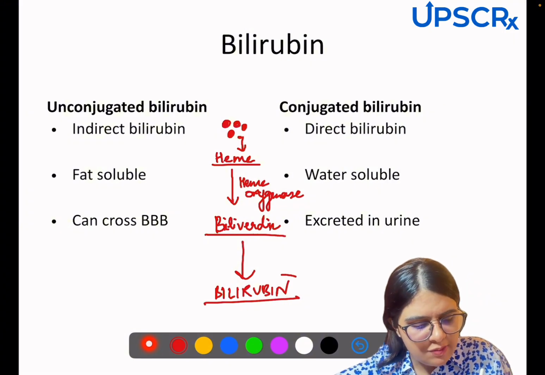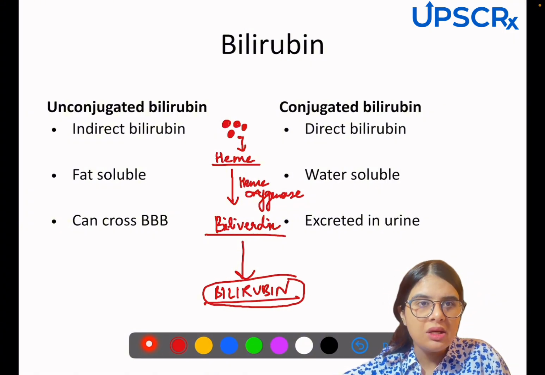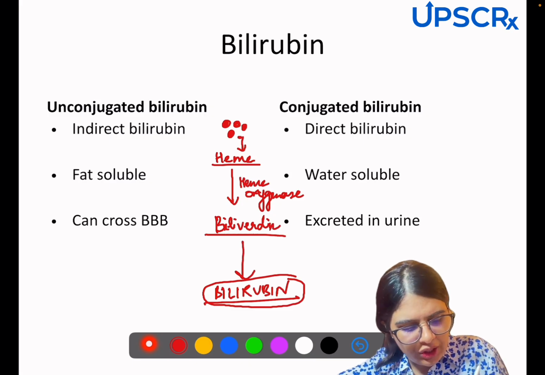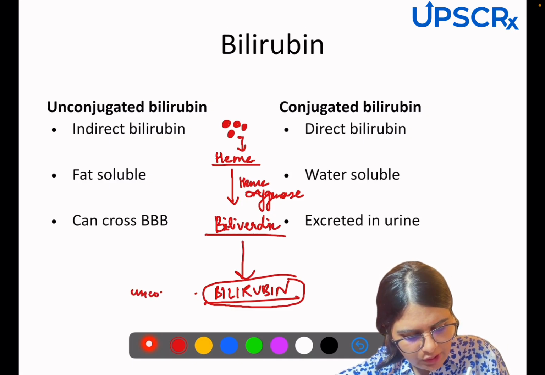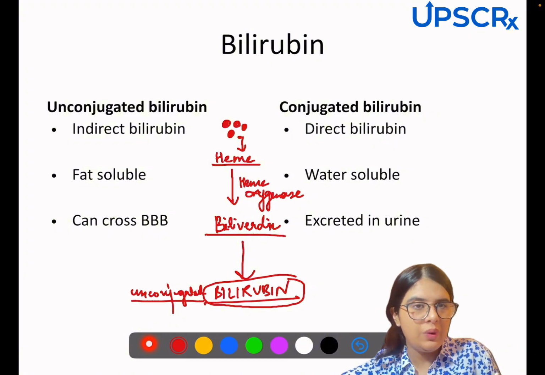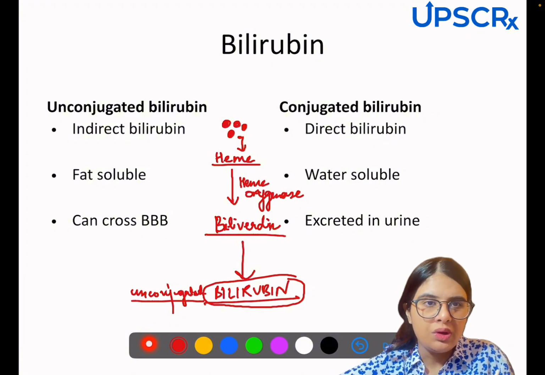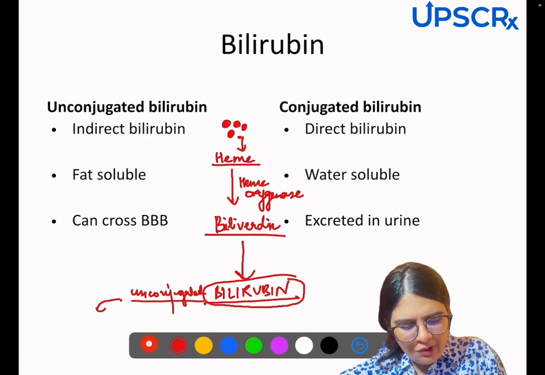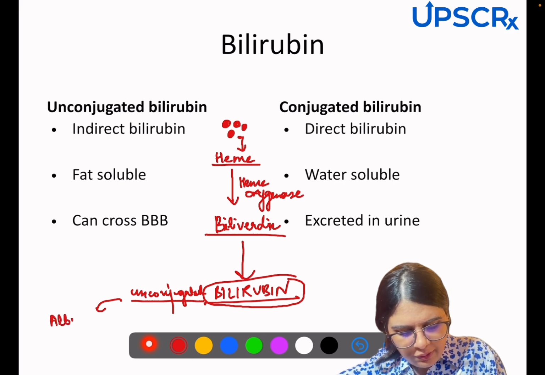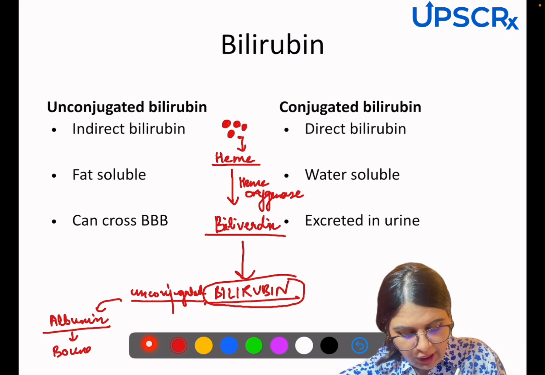Now this bilirubin which is formed is unconjugated bilirubin. This is unconjugated because it has not been conjugated by any enzyme. And this is also unbound. If it is bound to albumin, it forms the bound part of bilirubin.